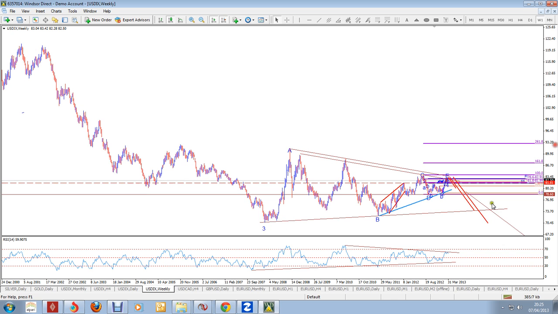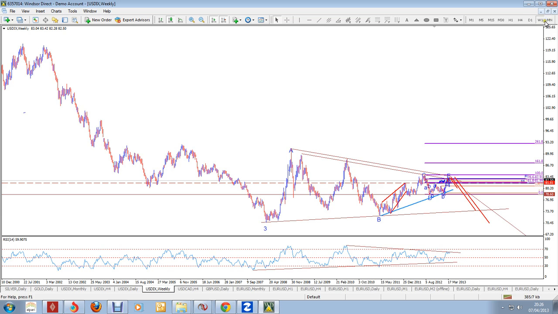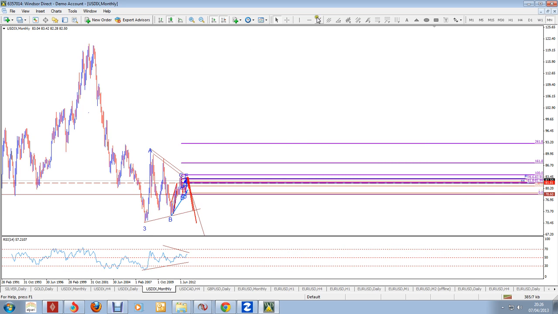So if that is likely to take place, then eventually when we resolve out of this triangle, my general projection for the dollar index is somewhere in the region of, for example, if we draw a trend line here, and you will note that this is also like a falling wedge pattern. In other words, we've had a wave 1 come down, wave 2 up, 3 down, congestion 4, and will drop down for completing wave 5.